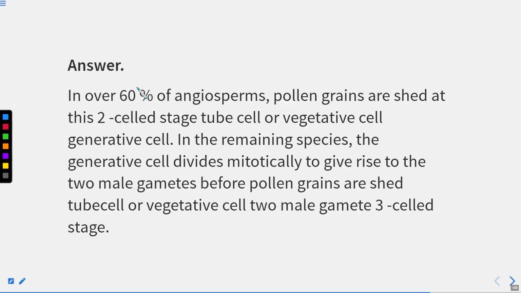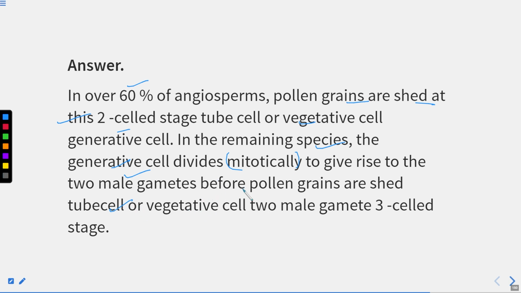Now, in over 60% of angiosperms, the pollen grains are shed at the 2-cell stage, which is the vegetative cell and the generative cell. In the remaining species, the generative cell divides mitotically to give rise to 2 male gametes before pollen grains are shed.